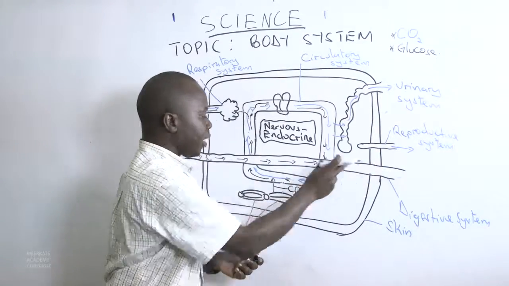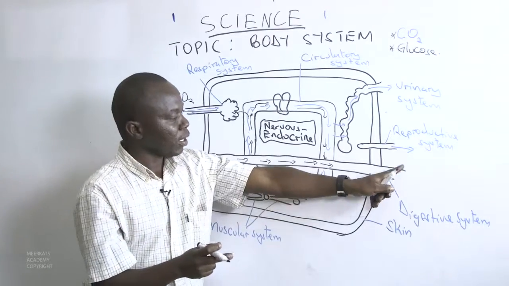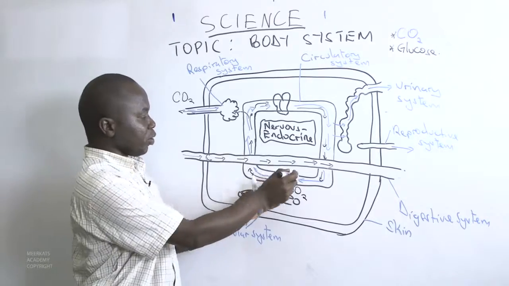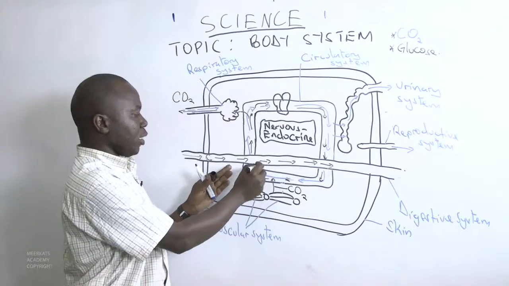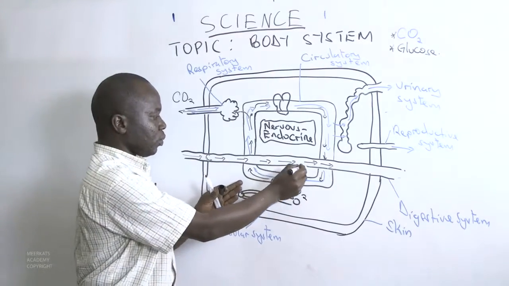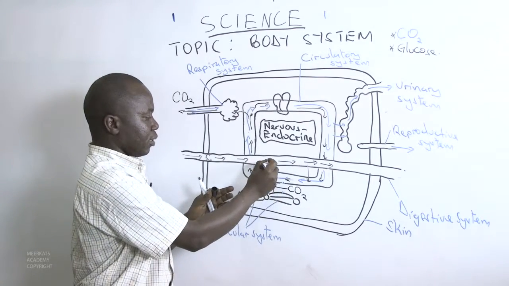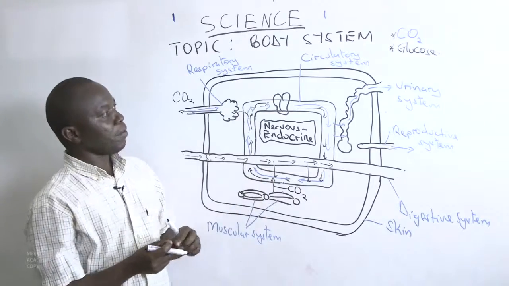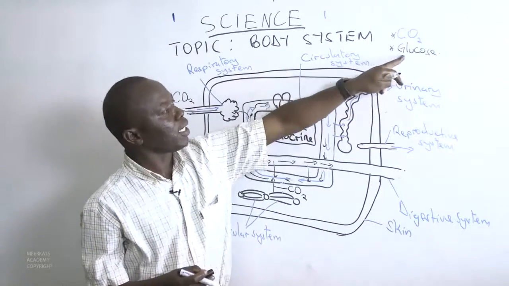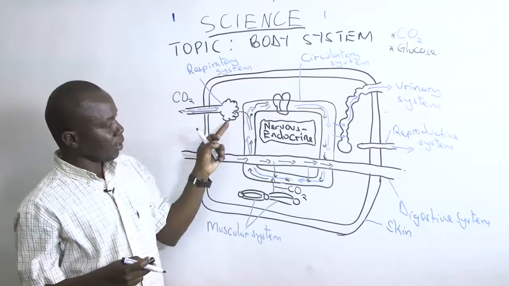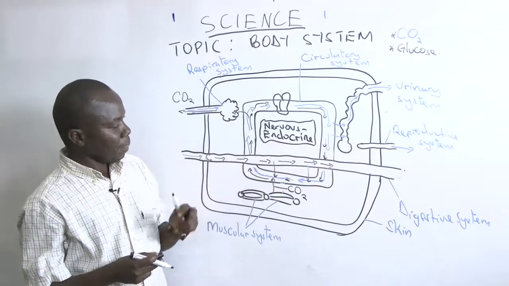Sometimes, if we have undigested carbohydrates, they'll get out of the body through the anus. But most of the material after digestion will be absorbed into the bloodstream. Maybe it is glucose; carbohydrate has been turned to glucose. It is absorbed into the bloodstream, the circulatory system.